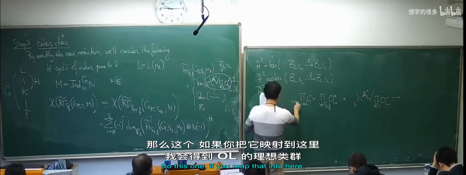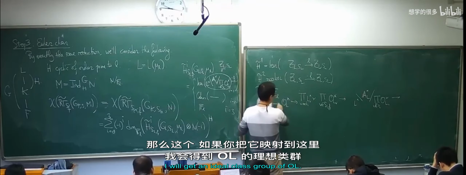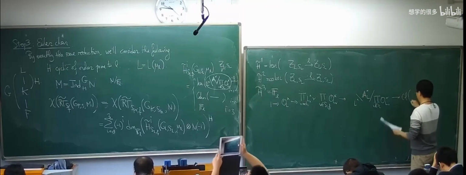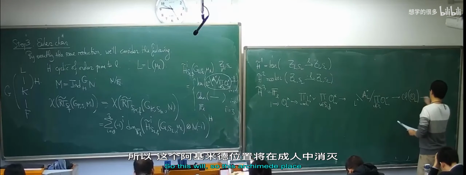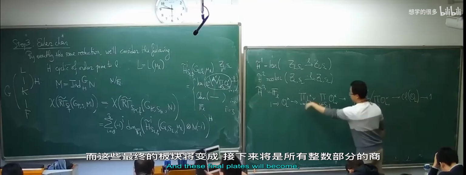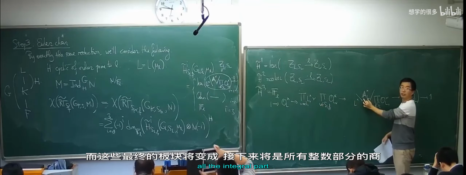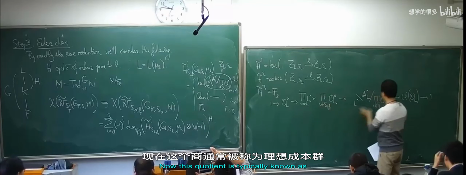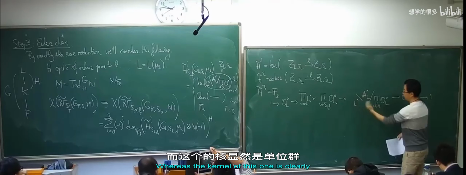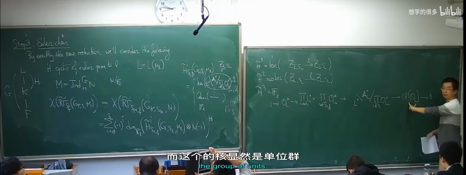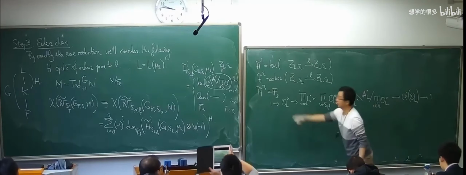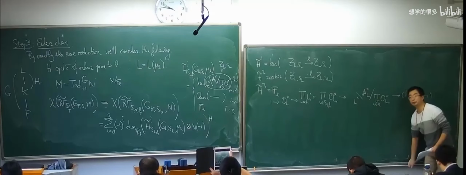If you map that into here, I will get an ideal class group of O_L. So this Archimedean place will kill the Archimedean place in the adeles, and these finite places will become the quotient by all the integral parts of the finite places. Now this quotient is typically known as the ideal class group, whereas the kernel of this one is clearly the group of units. And I want to point out this is finite.